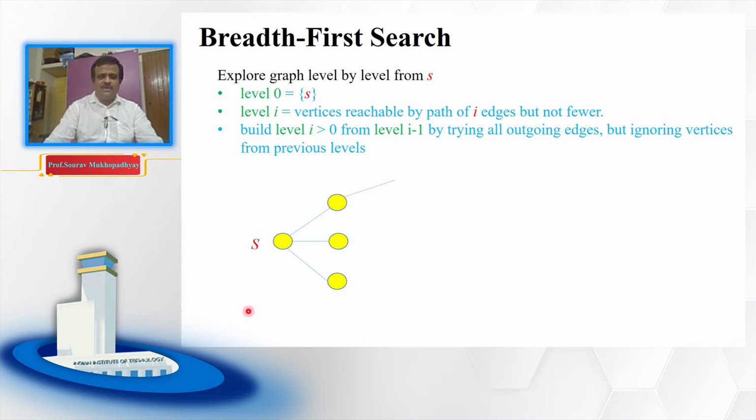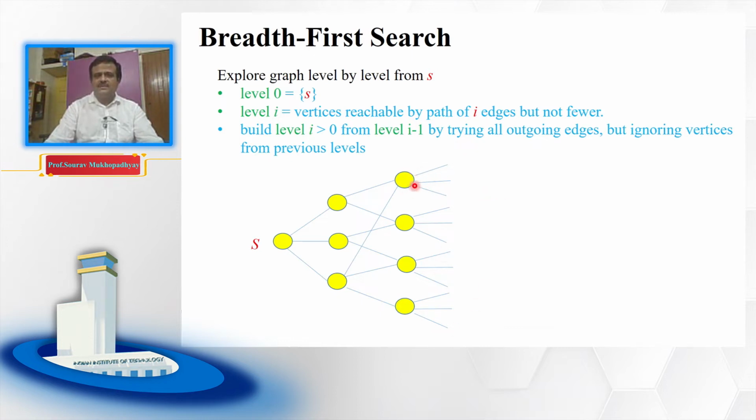Then again from there we consider all the direct edges, which give the next level of vertices, so these are in level 2. If this is level 0, this is level 1, this is level 2, this is the way we explore the graph, and this technique is called breadth first search, or BFS. We continue like this. Say this is the ith level; how do we reach the i plus 1th level?